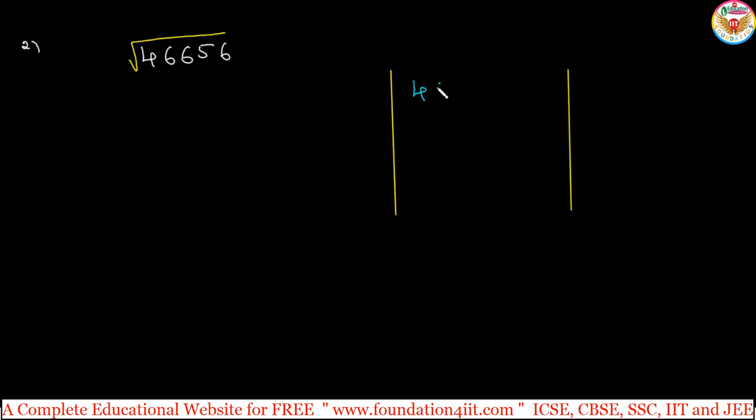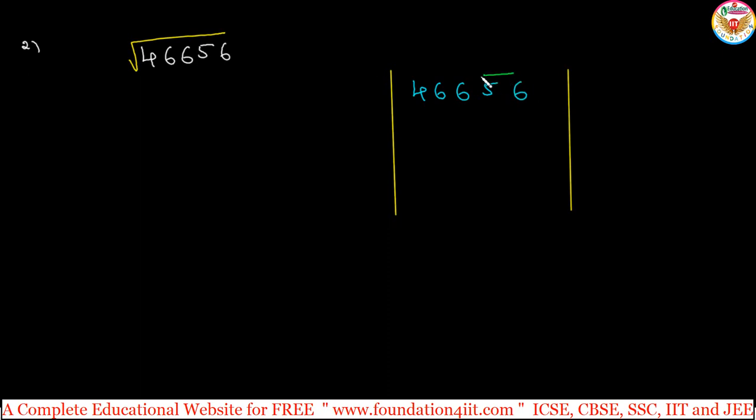Okay, let me explain one more problem to get more idea. Let me take a 5-digit number, 46,656. We need to find the square root of this. As per the rough work, the number must be taken pairwise. From the right side, we need to mark 2: 56, from the right side always.